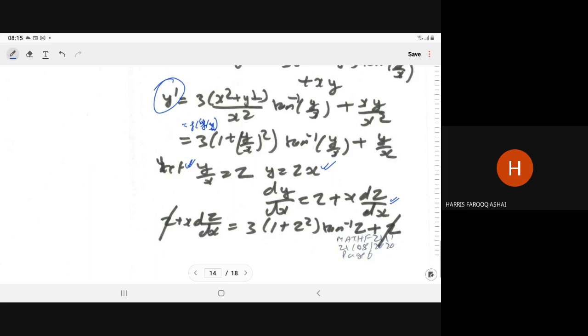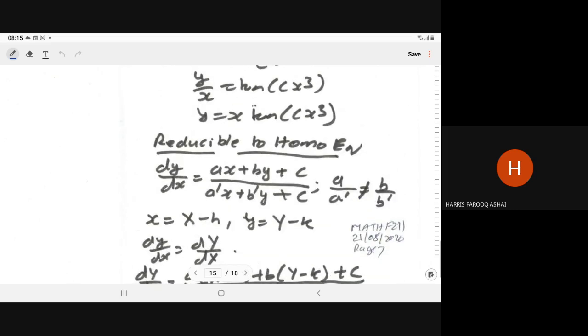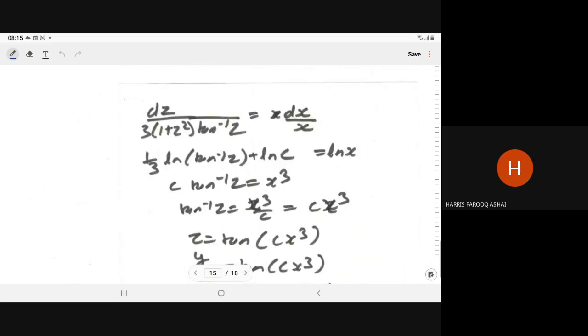So now let us see whether we can separate the variables or not. When we separate the variables, on the left hand side we have dz upon 3 into 1 plus z square tan inverse z is equal to dx upon x.